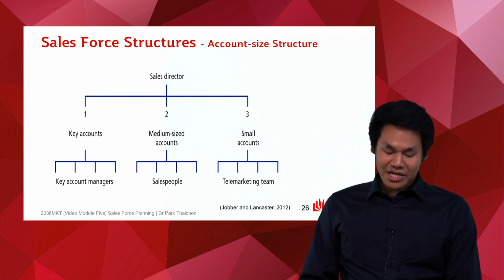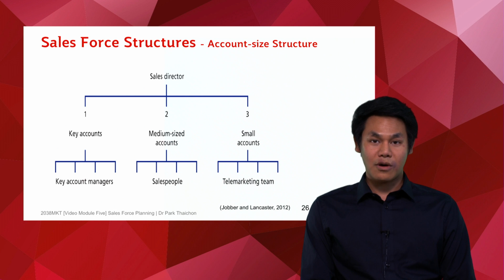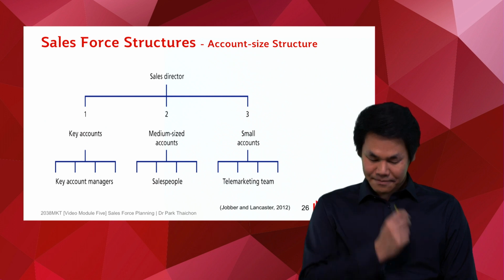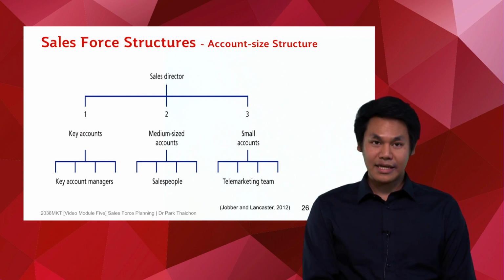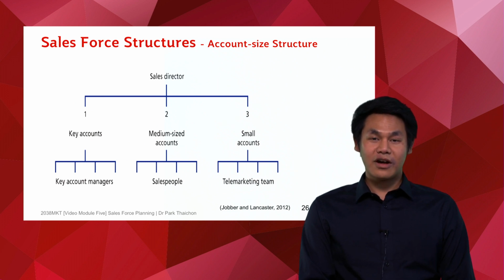Now, lastly, account size structure. The account size structure is a good example for medium and small enterprises, which use it a lot. Basically, they break their structure down based on the size of the customer, in terms of spending, in terms of what we call key account.